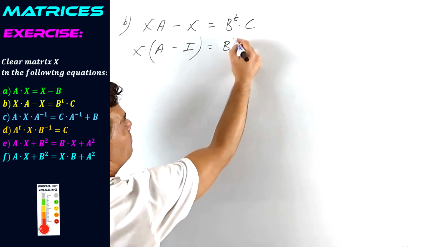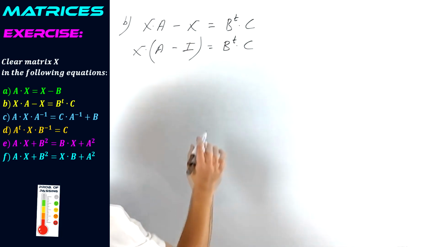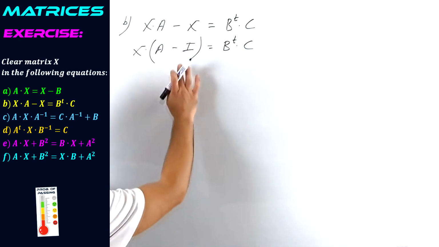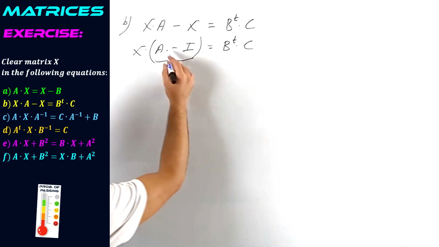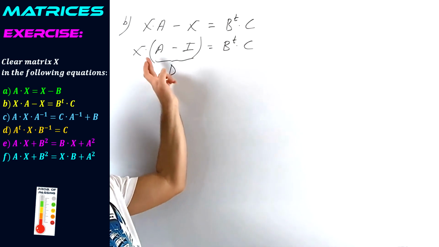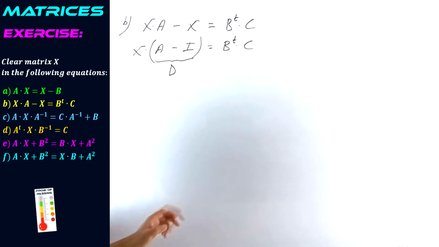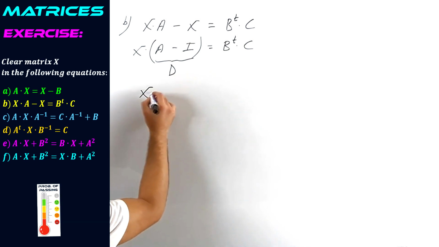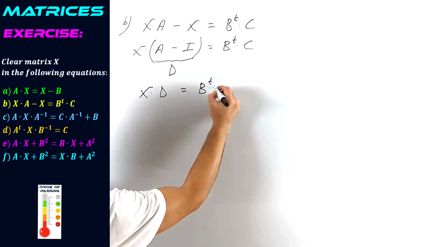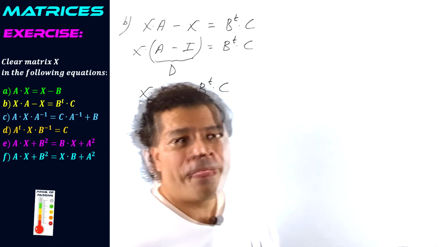And we have here B transposed times C. And we can proceed as on the previous equation. We can name these two matrices, matrix D. Please use another letter that doesn't appear on the equation. And we have matrix X multiplying D equals B transposed multiplying C.